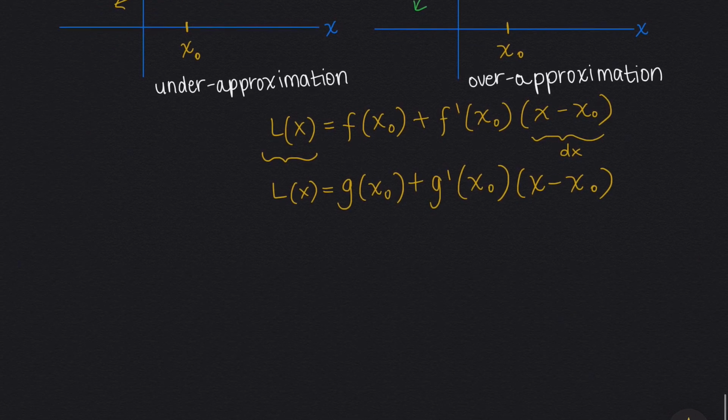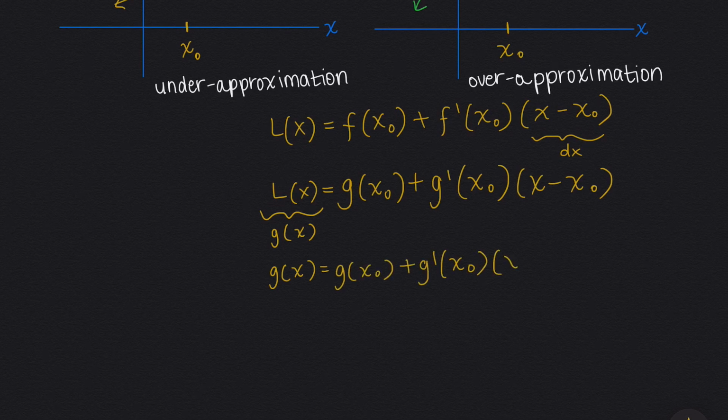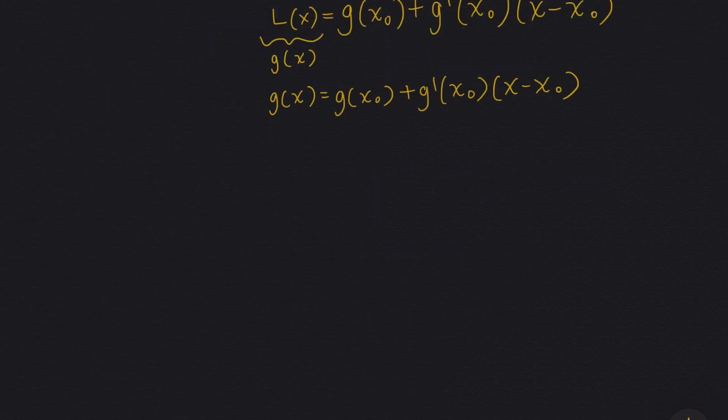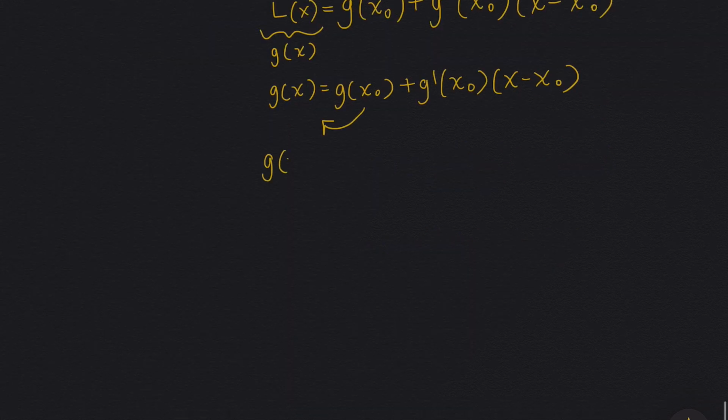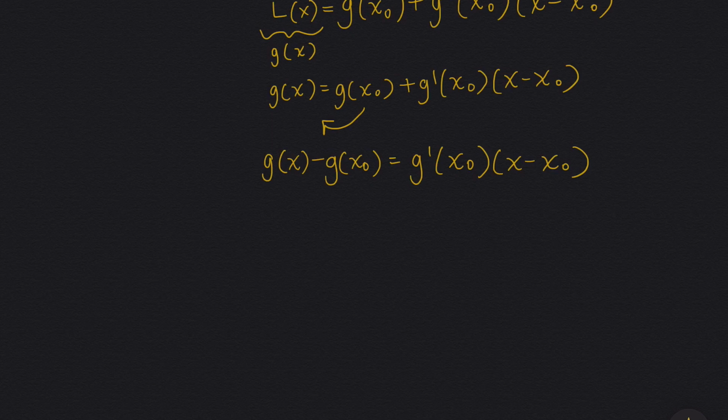Now what I was saying was, this L of x, really what it stands for is the y value on the function g of x. So we have g of x is equal to g of x naught plus g prime of x naught times x minus x naught. And if we move this over here, we have g of x minus g of x naught equals g prime of x naught times x minus x naught, right?